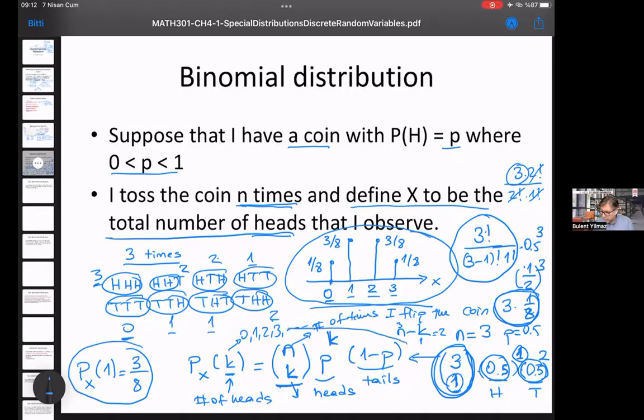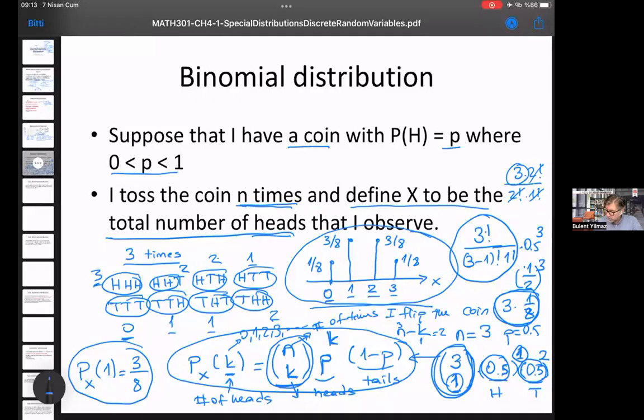Okay, so now that's the main idea. This is our main formulation for binomial distribution. If you remember from high school, again, you were dealing with binomial expansion. You were using that in solving questions. So this n combination k you are already used to seeing, and then these new things are coming after that.